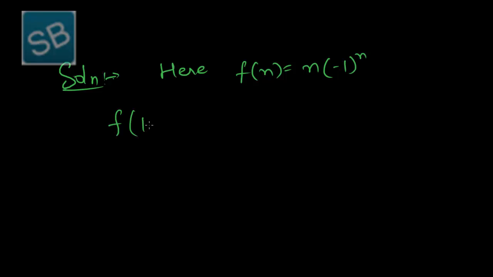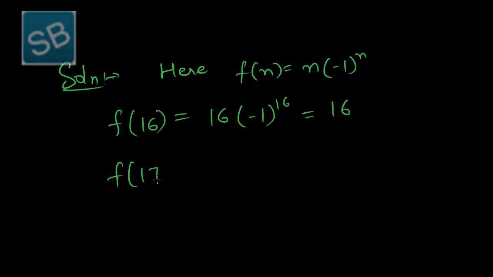Now the solution is, here f of n is equal to n into minus 1 raised to power n. We have to find the difference between 16 and 17 terms. So we will find f of 16. That is 16 into minus 1 raised to power 16, is 16.